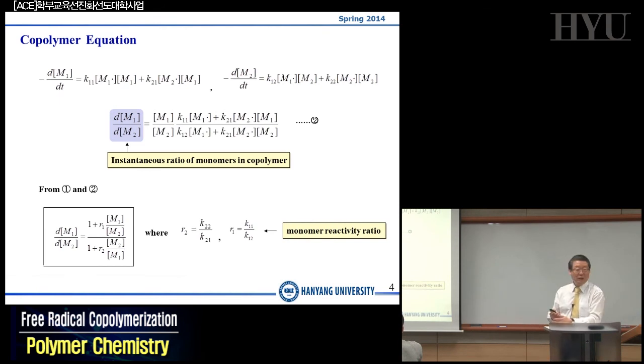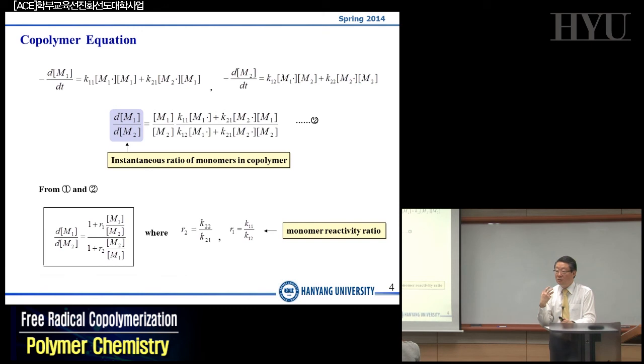This is R1 and R2. R1 and R2 will be defined as the monomer reactivity ratio, right? I will explain the meaning of this. Anyway, dM1 over dM2, a derivative of composition or concentration, has some meaning, although it could be expressed in mathematical ways.